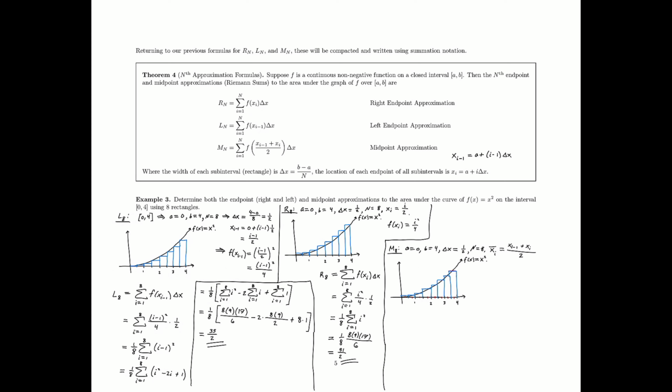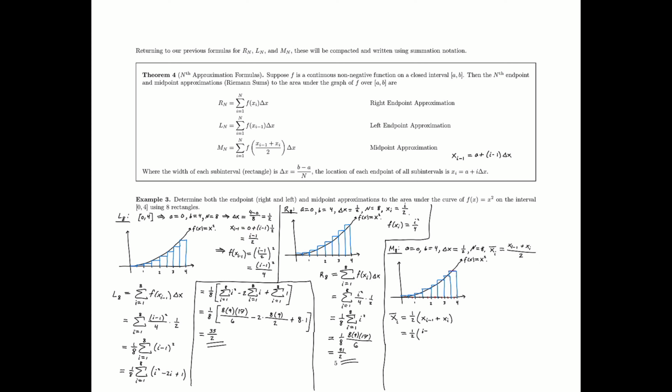So what we can do here is come up with an expression. We want to simplify this a little bit more. So let's bring that down here. So x bar sub i is a half times x sub i minus 1 plus x sub i. We found out what this was from earlier, right here. This is just (i minus 1) over 2.